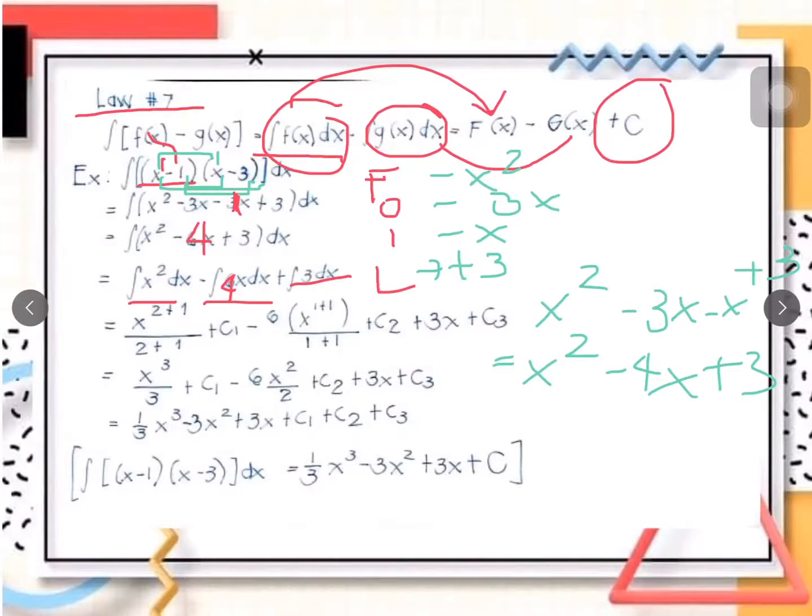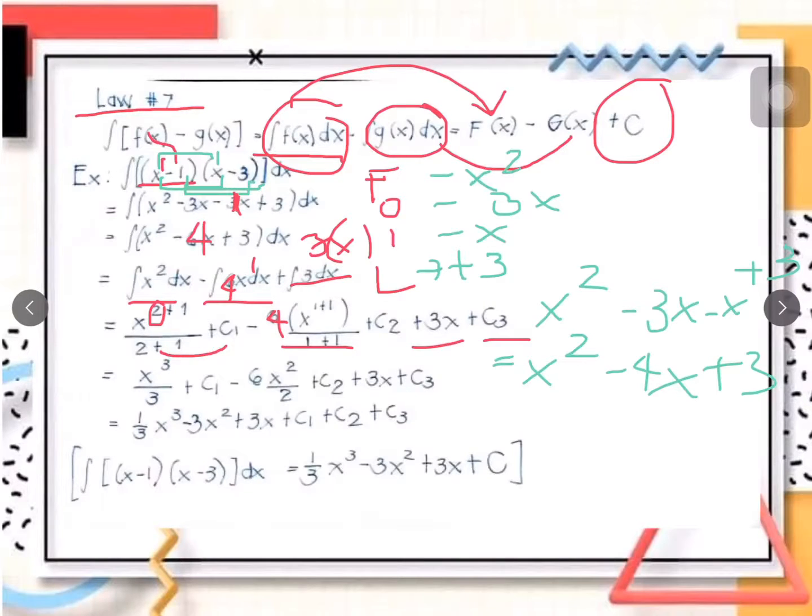By integrating, we will get x to the 2 plus 1, our n is 2, our exponent, over 2 plus 1, plus arbitrary constant of the first term, minus 4 times x, it has an exponent of 1, imaginary 1, 1 plus 1, then below it n again plus 1, plus our arbitrary constant in our second term, plus we integrate that dx, we will get x. 3 times x is equal to 3x plus our arbitrary constant in the third term.